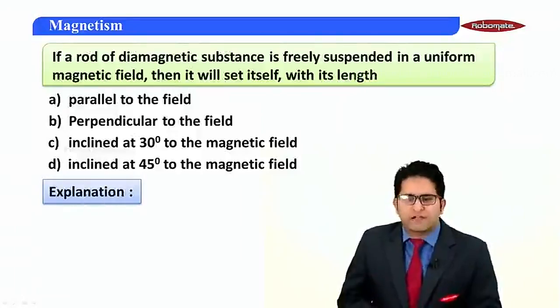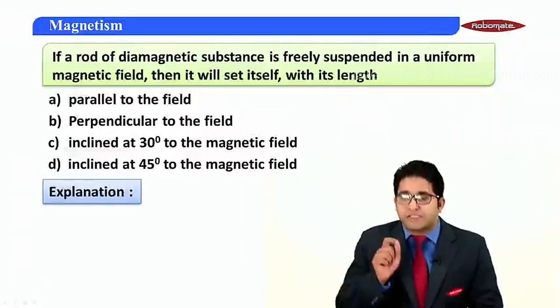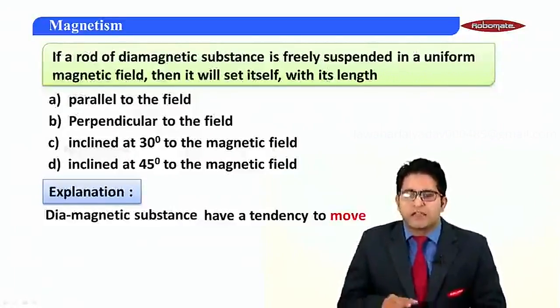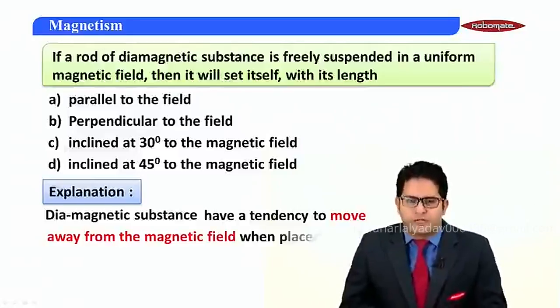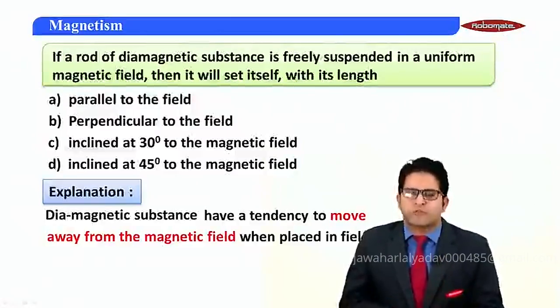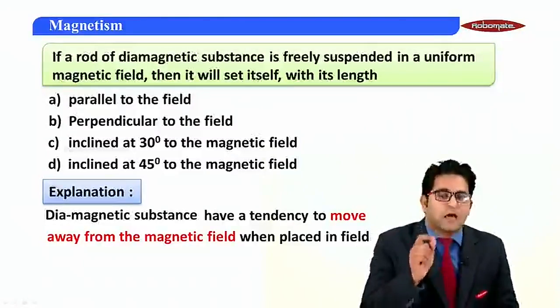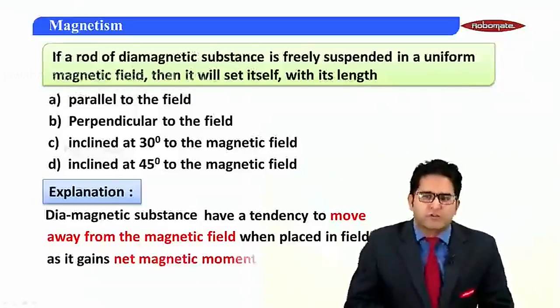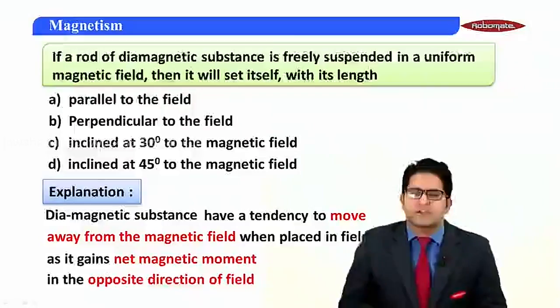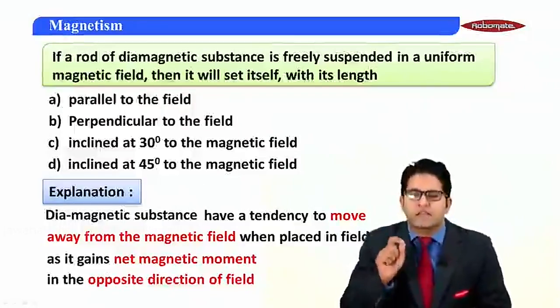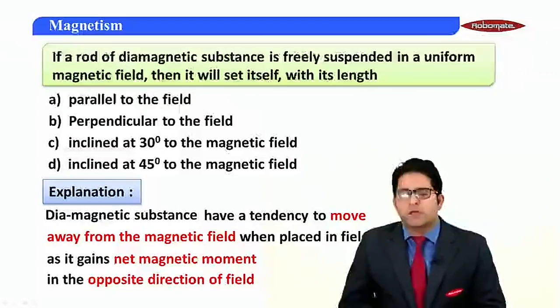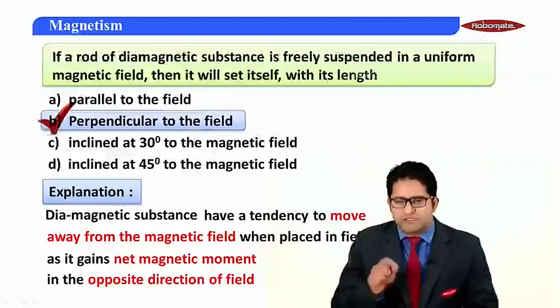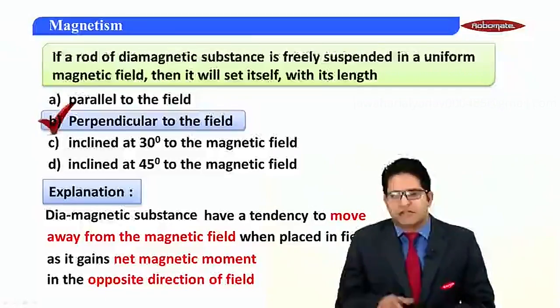Because whenever a diamagnetic substance is placed in an external magnetic field, it tries to move away from the field. And why does it try to move away? Because it gains a net magnetic moment in the opposite direction of the field. Because of this, it will always align itself with its length perpendicular to the field. So option B is the correct answer, right?